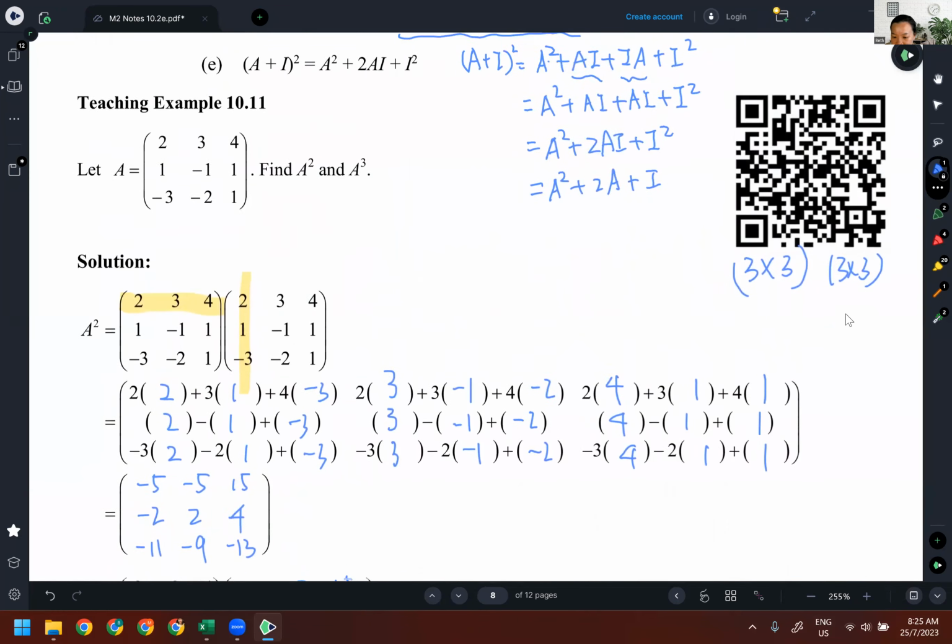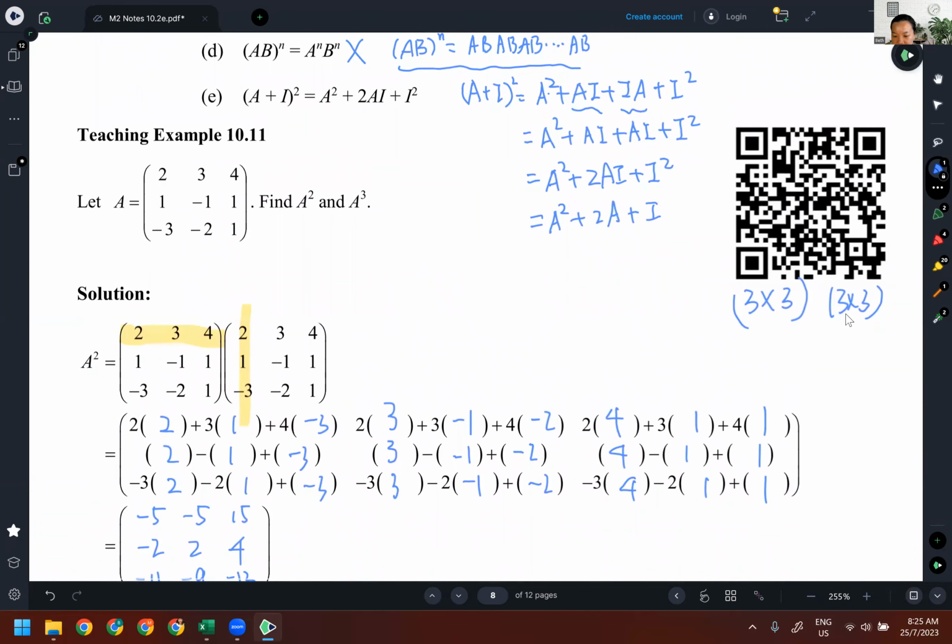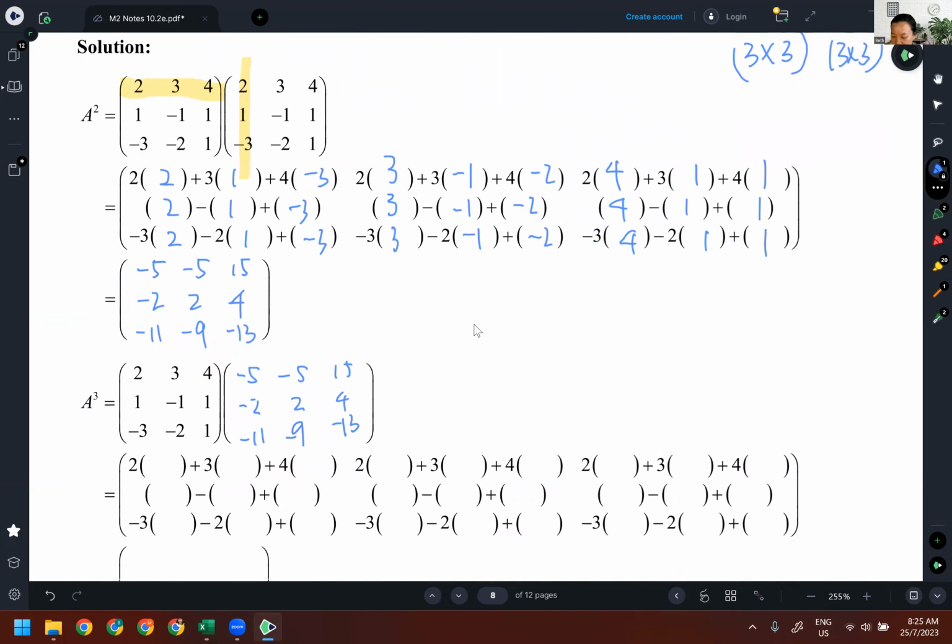Okay, I'll show you the answer then. So you do it and I'll show you the answer. I found the answer from the textbook. Me doing it is too slow.